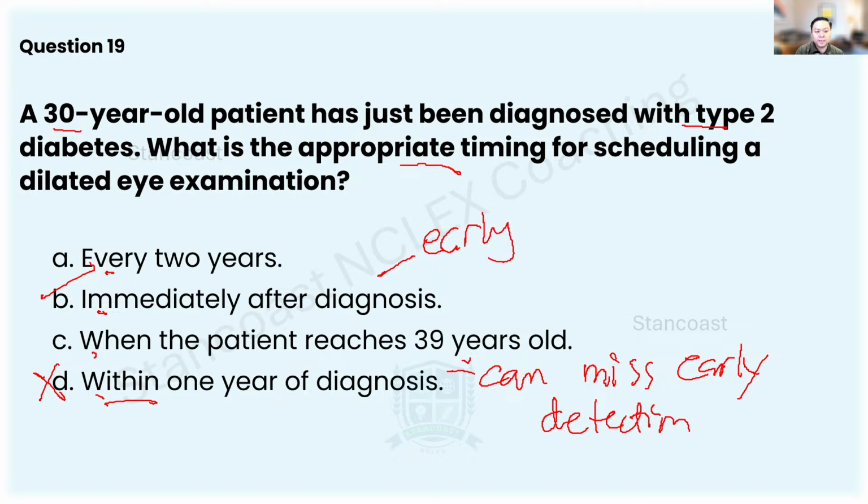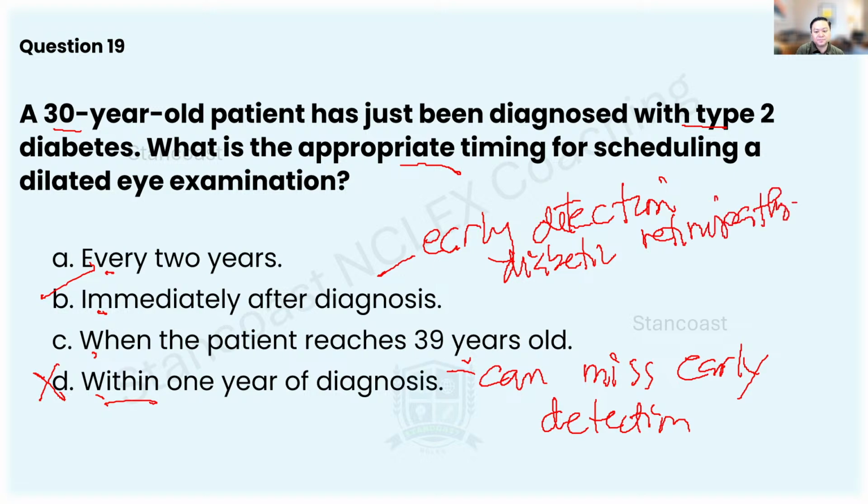Early detection of diabetic retinopathy is huge, guys, which could already be present at the time of diagnosis. If you answered letter A, every 2 years, actually the recommendation is not every 2 years. It will be annual, yearly. This is incorrect.